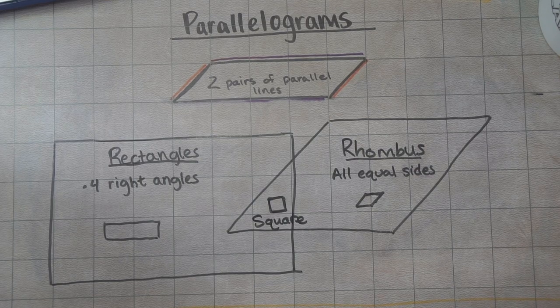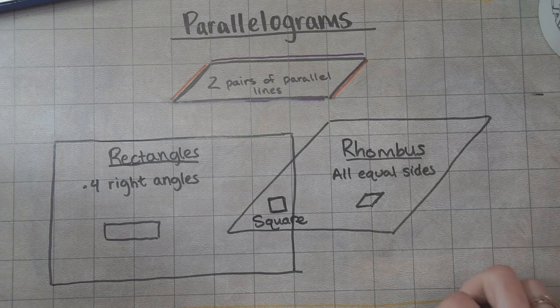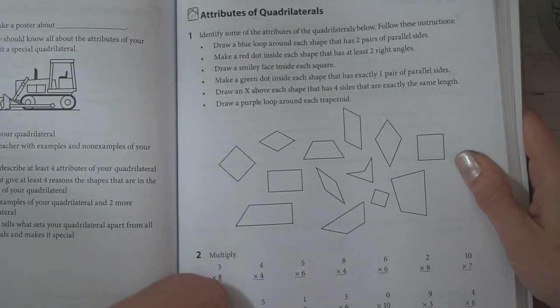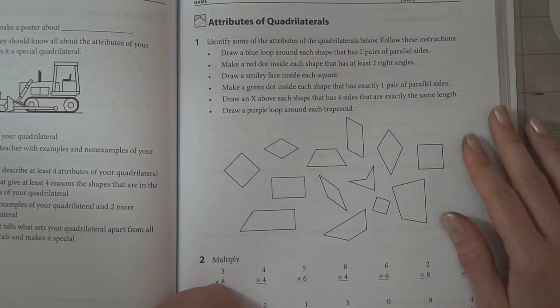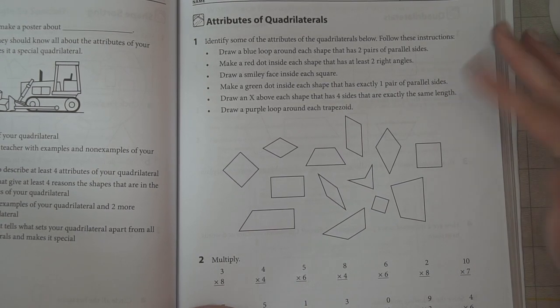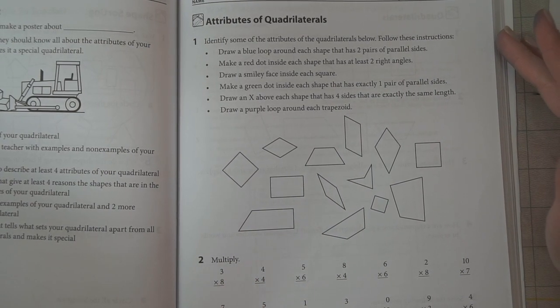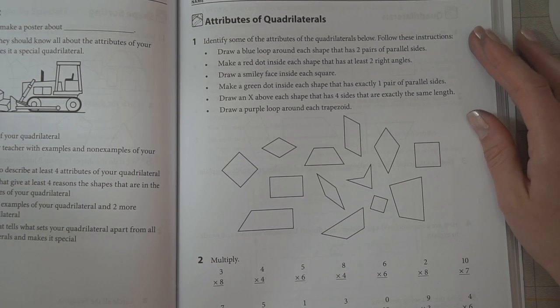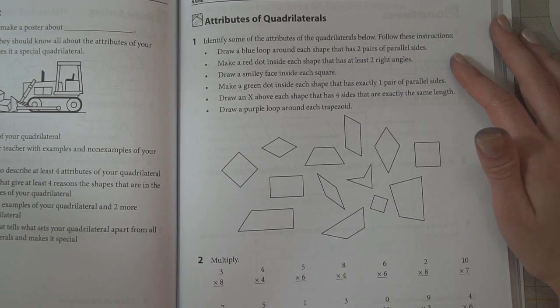Okay, I hope you got all of that copied down in your notes because you're going to need it to do your homework pages. For the first page, we're going to look at 191. At the top, it has a bunch of shapes and a bunch of directions for how you should color or mark the shapes. You're going to identify the attributes of the quadrilaterals below and follow these instructions.